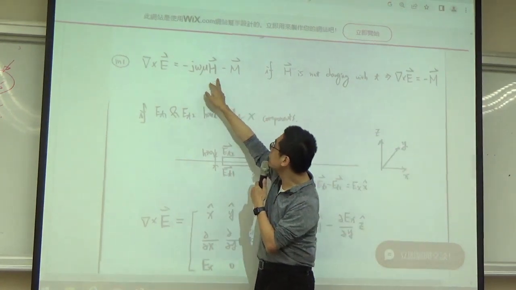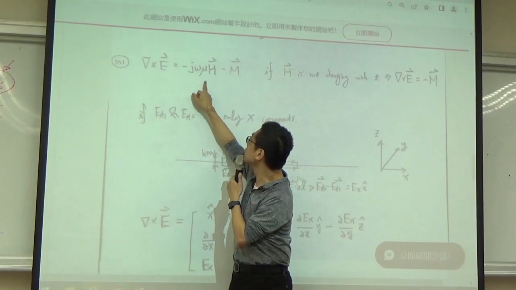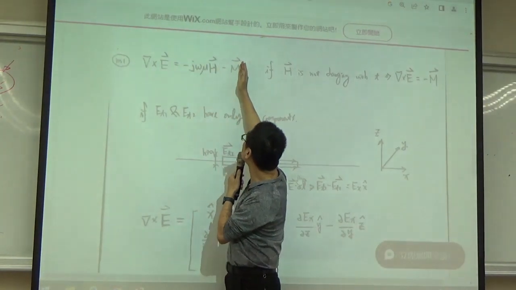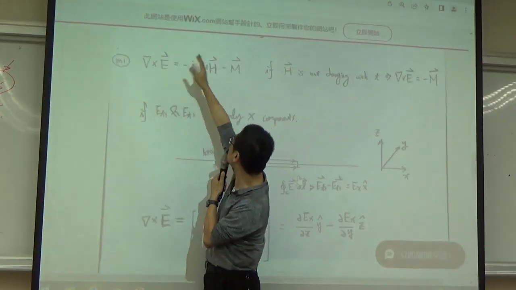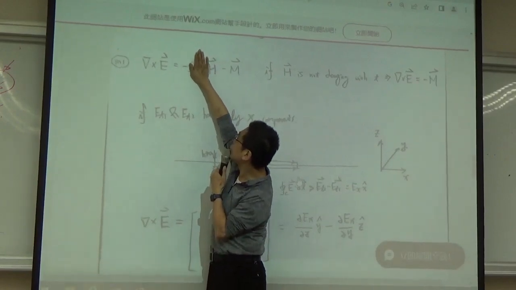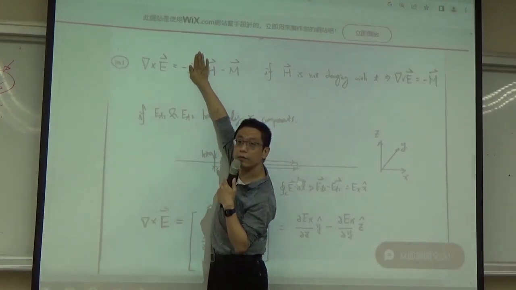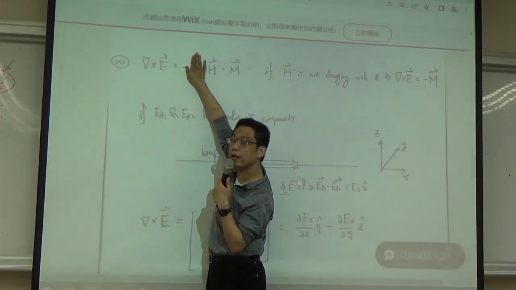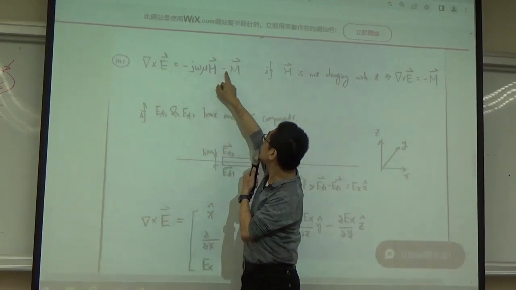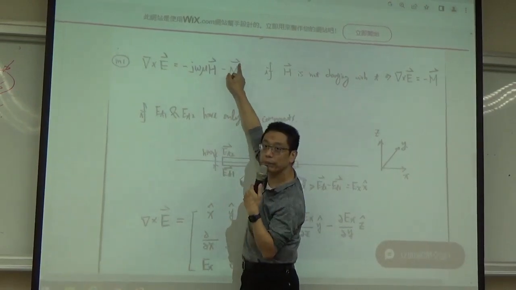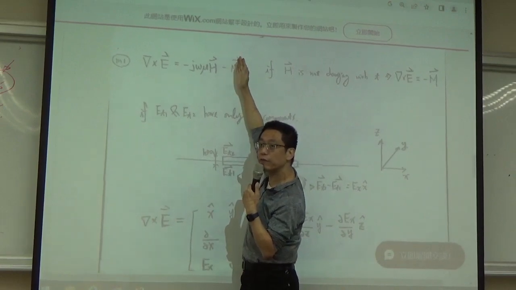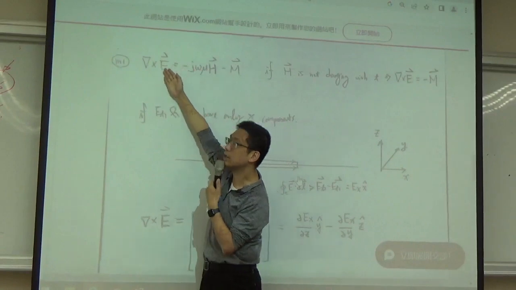For the equation here, we try to understand the relationship between the direction of E and H. Because our time is not changing, we don't consider this part. We are left with only curl E equals minus M. Those are the relationship of direction of H and E.